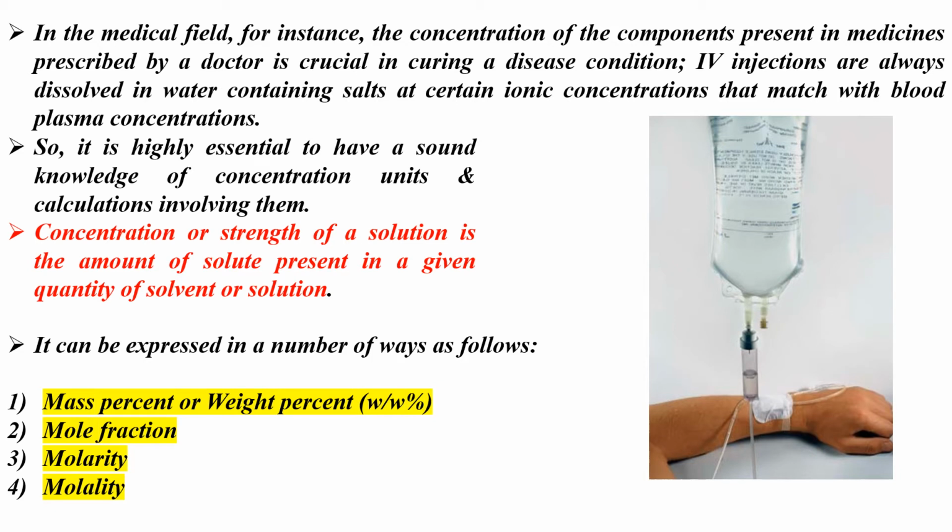Students, I want you all to imagine yourself as a doctor in a hospital ICU, and that you order a nurse for an IV injection of a particular concentration of potassium chloride to be administered to a critical patient with low potassium levels. Do you think that the nursing staff would run to a supply counter and take out an IV bag containing this concentration of potassium chloride?